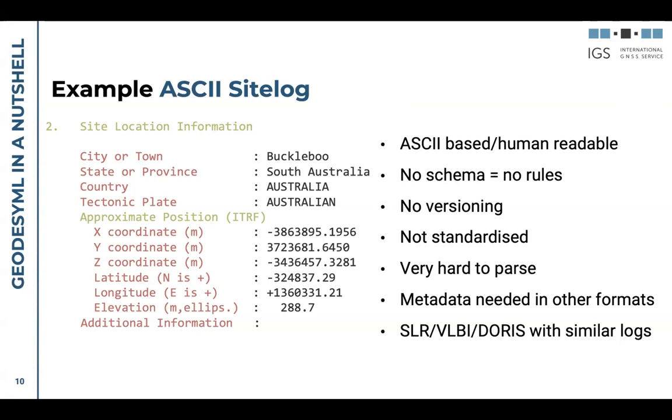The format is not versioned in any way, which makes it also hard to provide updates to the format. It's not standardized on an international standard. It's very hard to parse. It's actually very painful to parse this format.